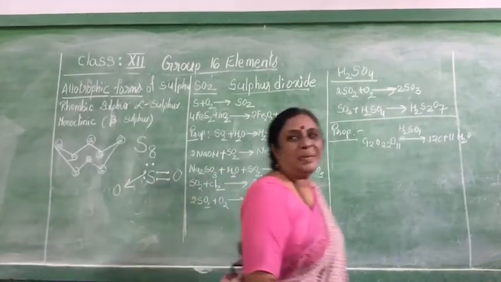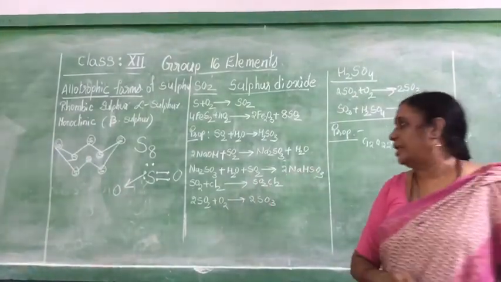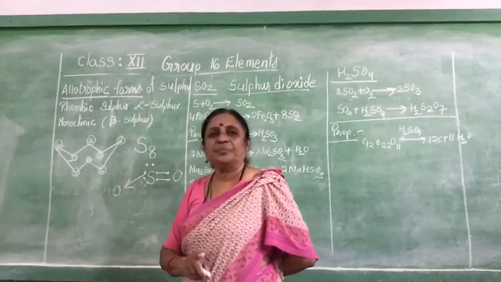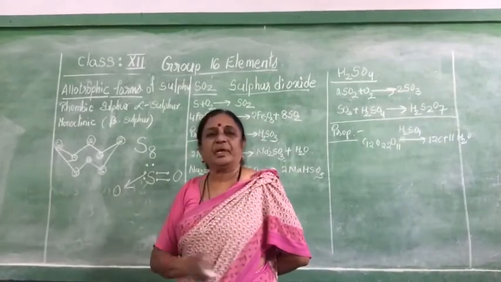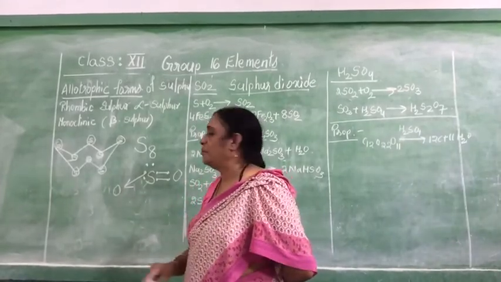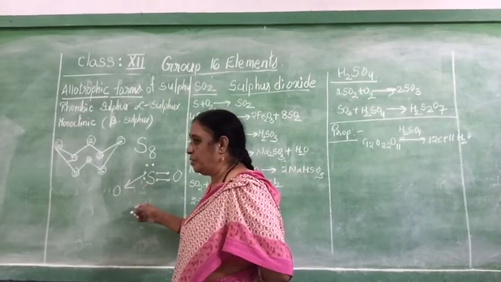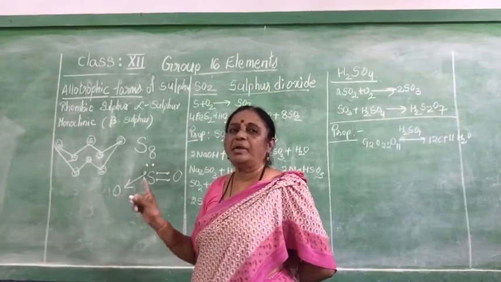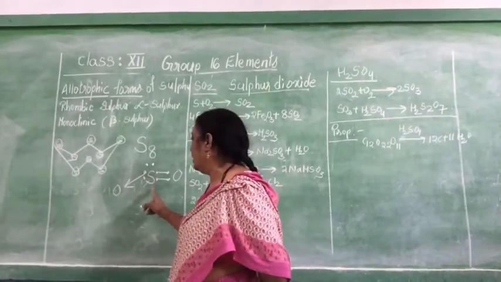So sulfur completes its octet with oxygen, then it donates a lone pair of electrons to the other oxygen which is in need of it. So in the SO2 molecule, one double bond and one coordinate bond are formed. Clear, children?